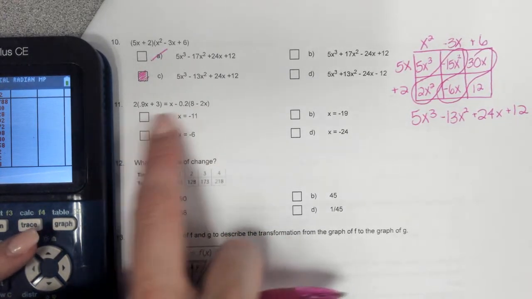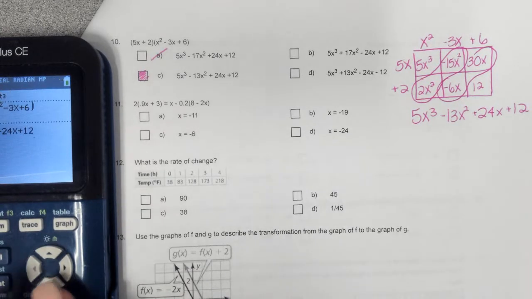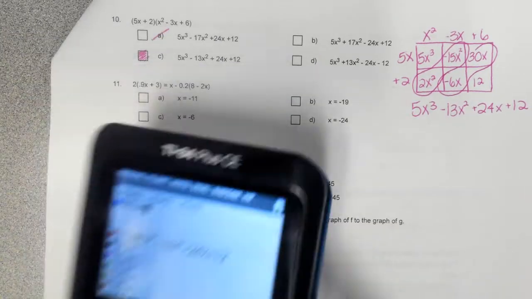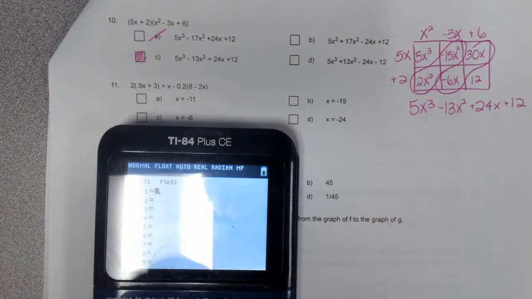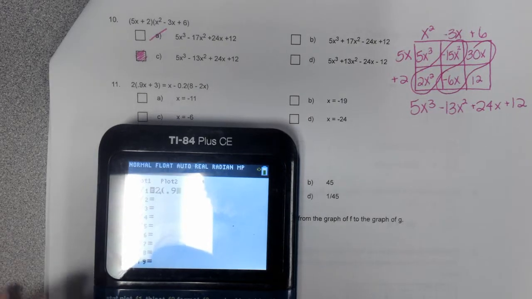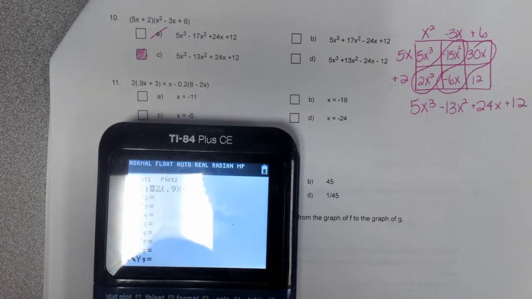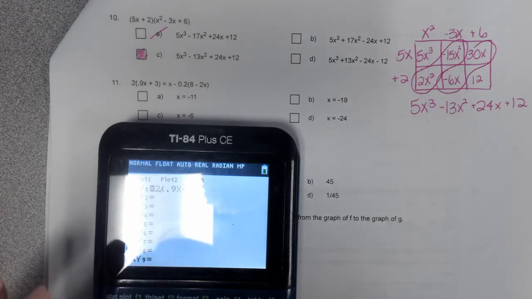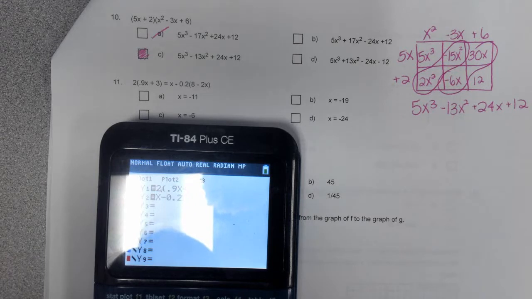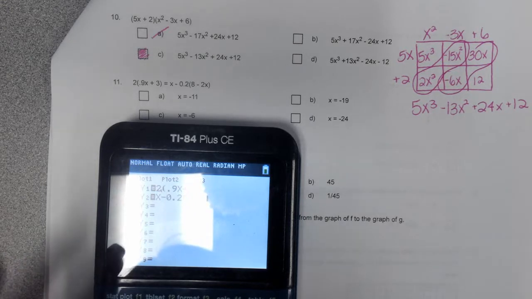Here, you have an equal sign. Left side y1, right side y2. So I'm going to put 2 parentheses 0.9x + 3. And in y2, I'm going to put x - 0.2 parentheses 8 - 2x.